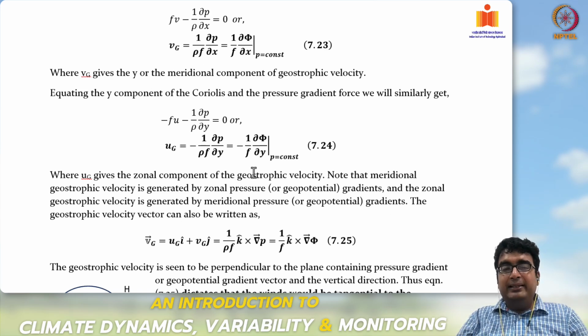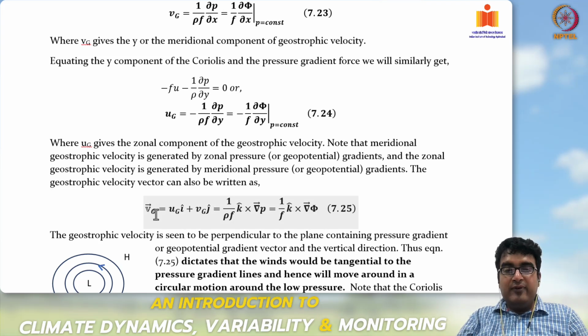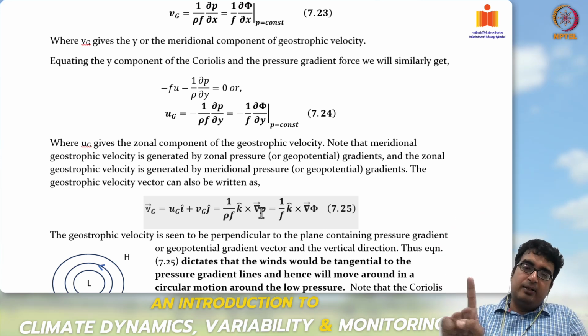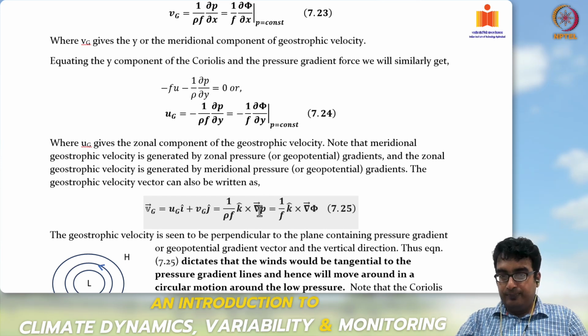If you combine these two, what you get is the geostrophic velocity vector Vg equals Ug i plus Vg j, and this can be written as 1 by rho f k hat, the vertical vector, cross the gradient of pressure. The gradient of pressure by rho is basically the gradient of the geopotential, grad phi.